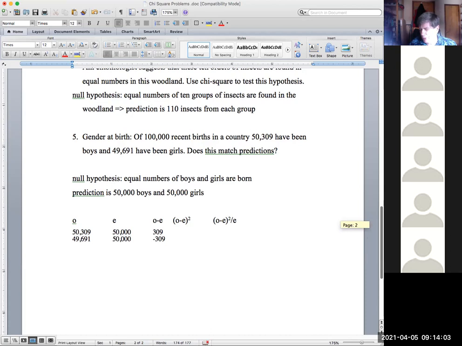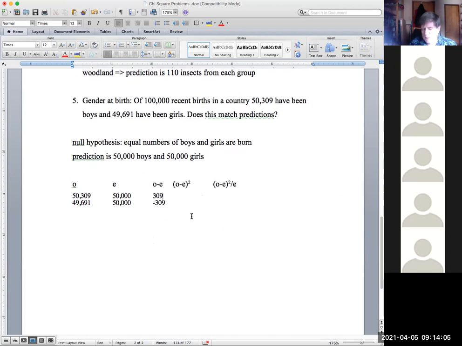Again, I'm not going to go through all the math, but this time when you get your results, you're going to find that the chi-square number, when you calculate it, is between 0.5 and 0.1.